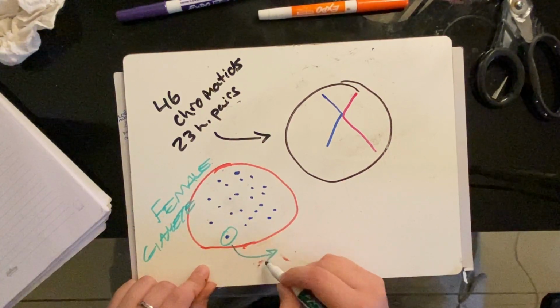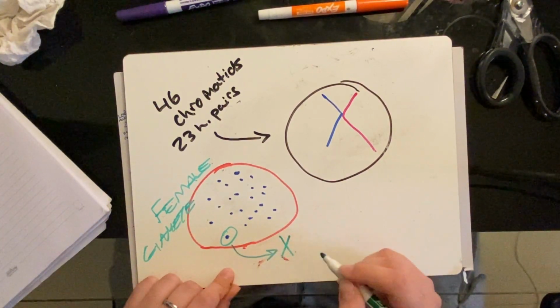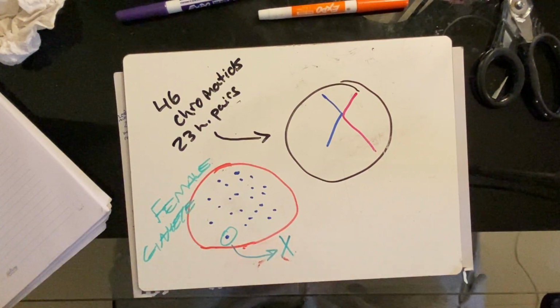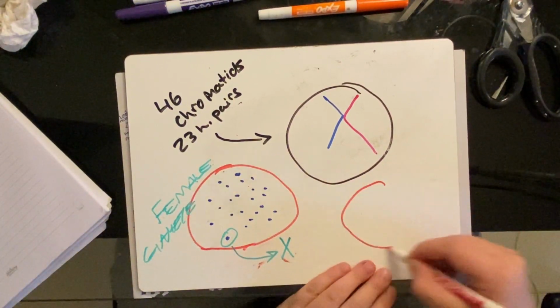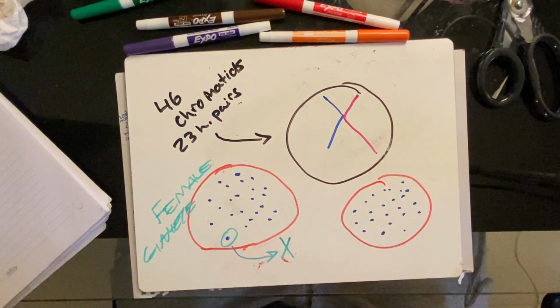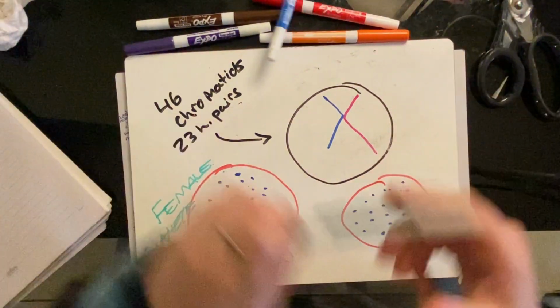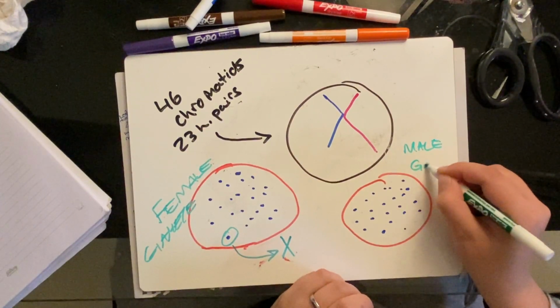One of these is going to be a singular X, and that's your sex chromosome. But if we were to draw the gamete from dad over here, then maybe this is the male gamete.